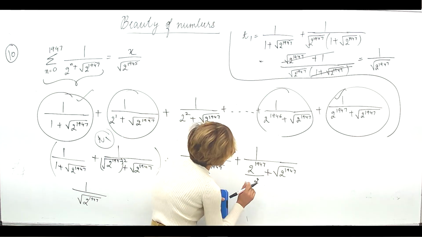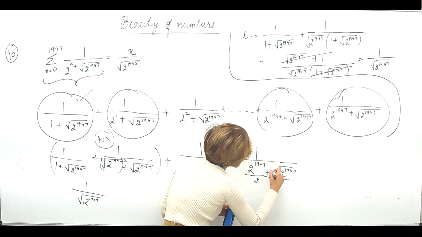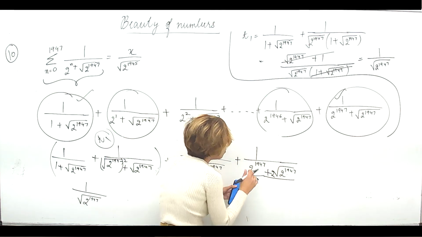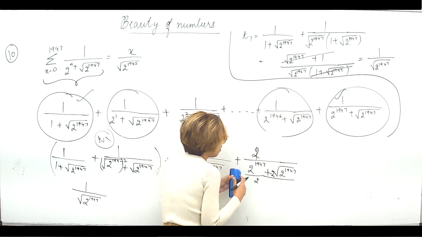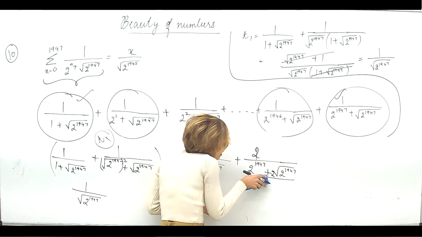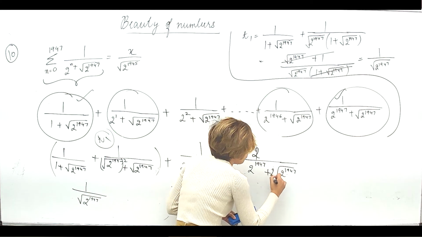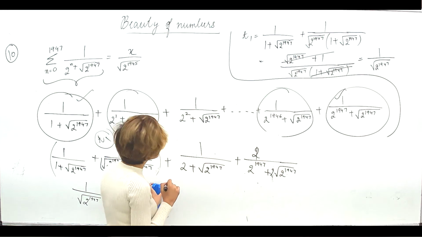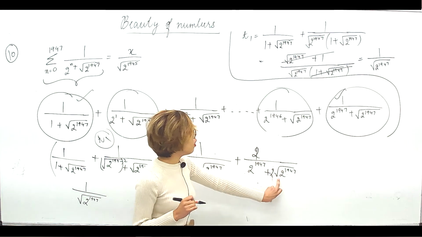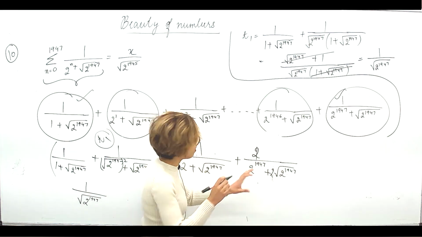Now here take the LCM. So 2 becomes the LCM and here 2 will come, and the LCM that was in the denominator will go to the numerator. Right? Do we understand this step? I think that is pretty straightforward. 2. Right? Now it is better because now I can take square root of 2 raised by 1947 common. So take the first one.